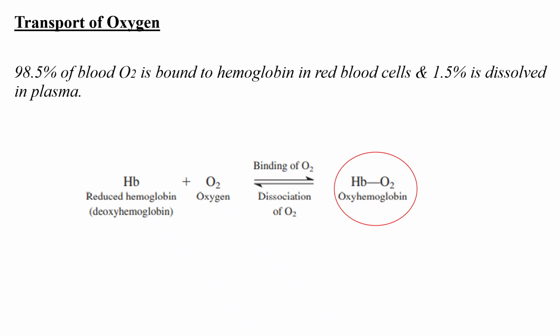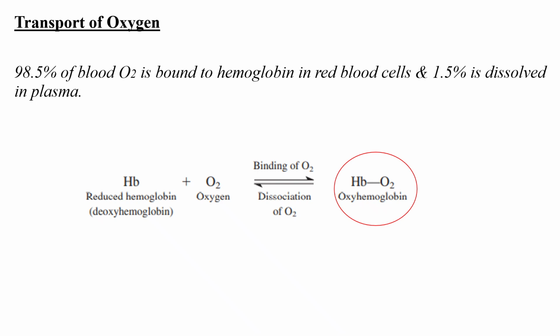In the transport of oxygen, oxygen is transported either by dissolving in plasma or by combining with hemoglobin. Around 98.5% of oxygen is transported by combining with hemoglobin in RBC, and the remaining 1.5% is dissolved in plasma. Each 100 ml of oxygenated blood contains around 20 ml of oxygen.